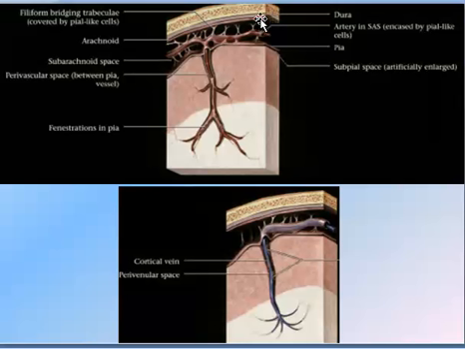Between the periosteum and the arachnoid space is the subdural, which is easily filled with blood, and that's why we can get the concavo-convex configuration. And here is the subarachnoid, which can extend into the sulci and fissures.